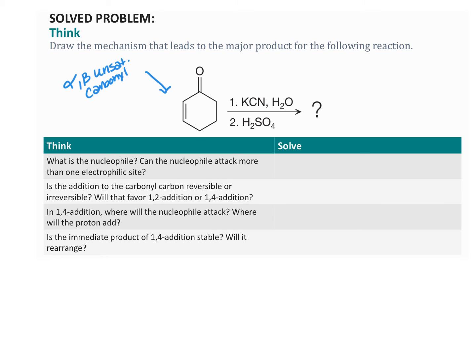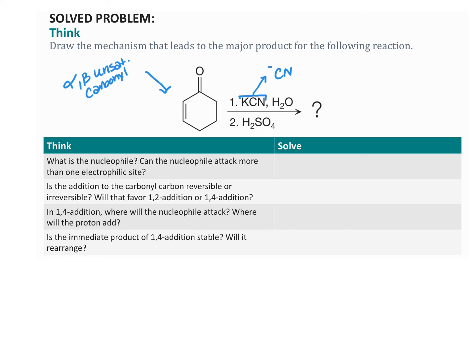When we look at this reaction, you should zoom in right here. Potassium's a spectator ion, so the nucleophile then is going to be the cyano group, okay? Can the nucleophile attack more than one electrophilic site?